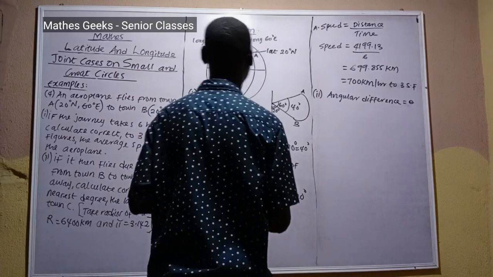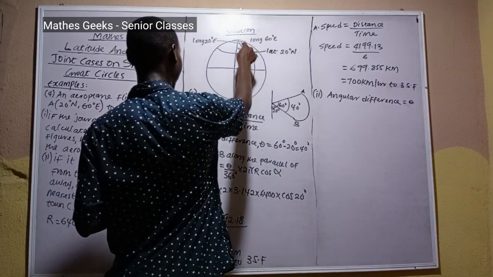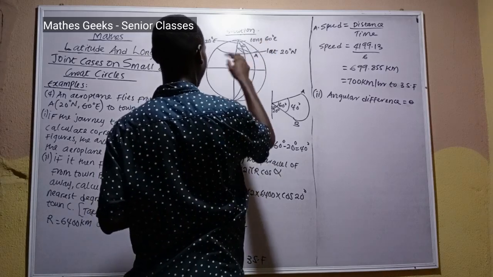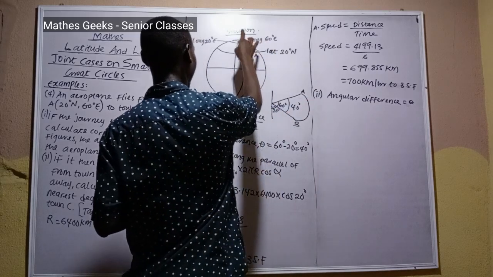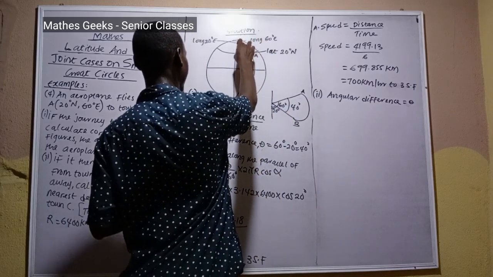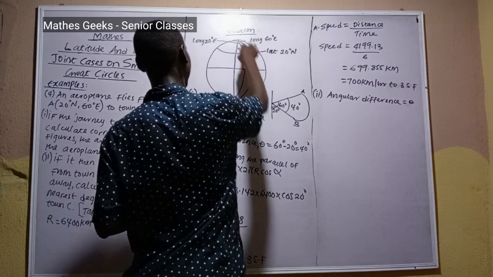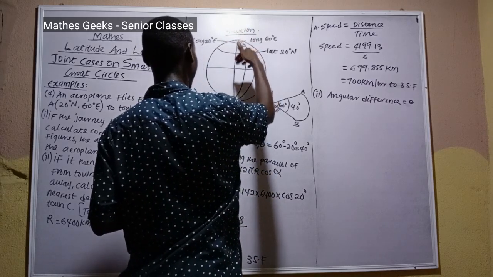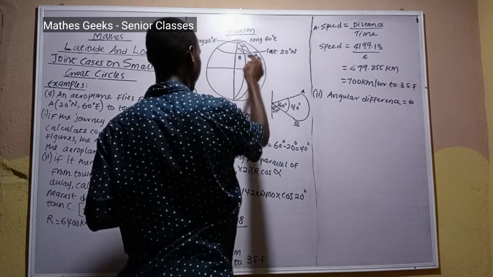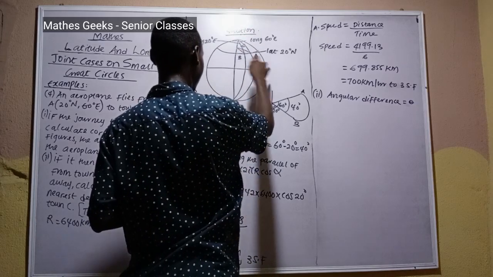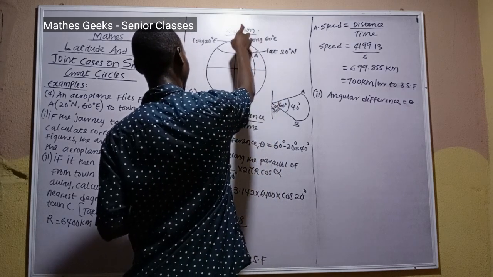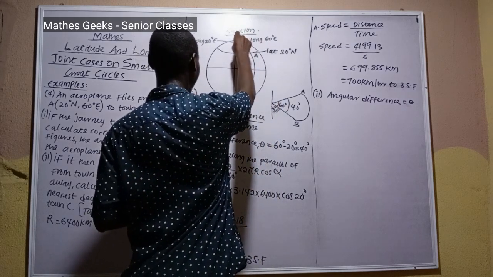Assuming the value of the latitude of C is known, to get the angular difference we need to subtract. The value of C will be larger than B, because as we go towards the North Pole, the value of the latitude increases. The parallel of latitude starts from the equator, which is 0, and the North Pole is 90 degrees.